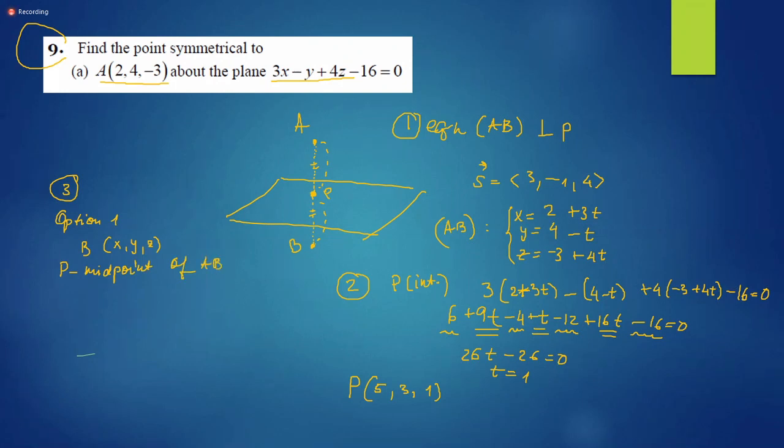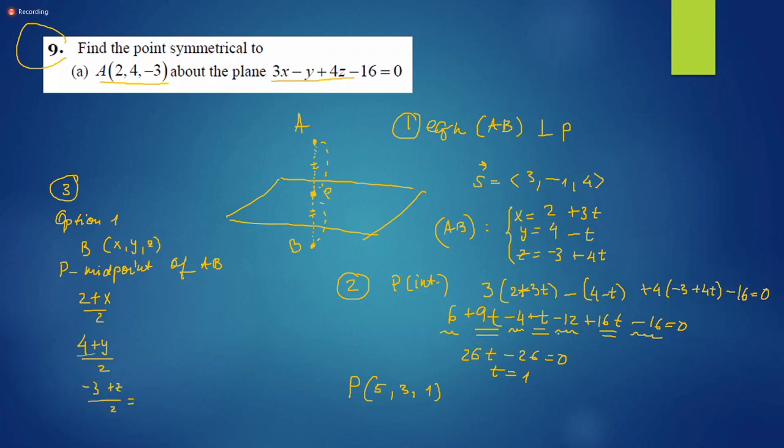Many people actually remember how to find the midpoint. That would be 2 plus unknown X divided by 2, 4 plus unknown Y divided by 2, and minus 3 plus unknown Z divided by 2.